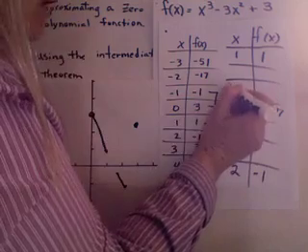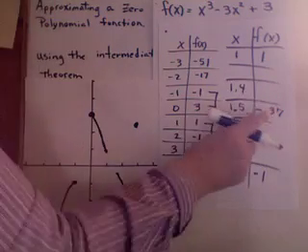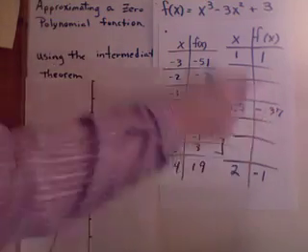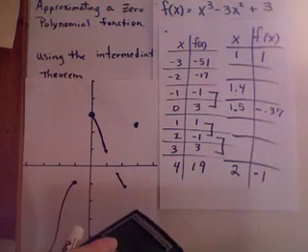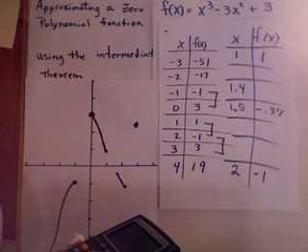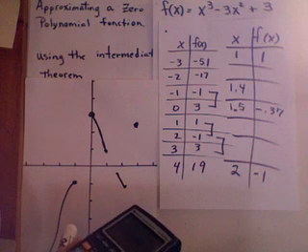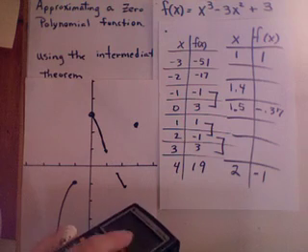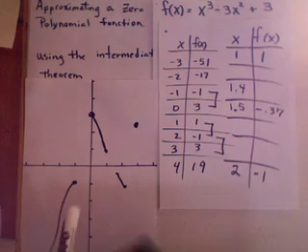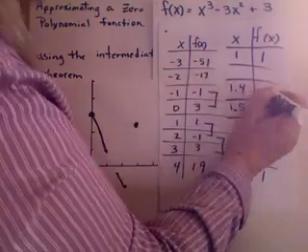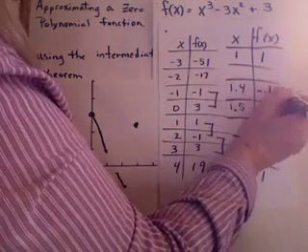So let's try 1.4. That rounds to 0, but I want to narrow it down a little bit more. So now I'm going to go to second table set, and I'm going to type in 1.4. Then I'm going to go to second table, and at 1.4 I'm at negative 0.136.